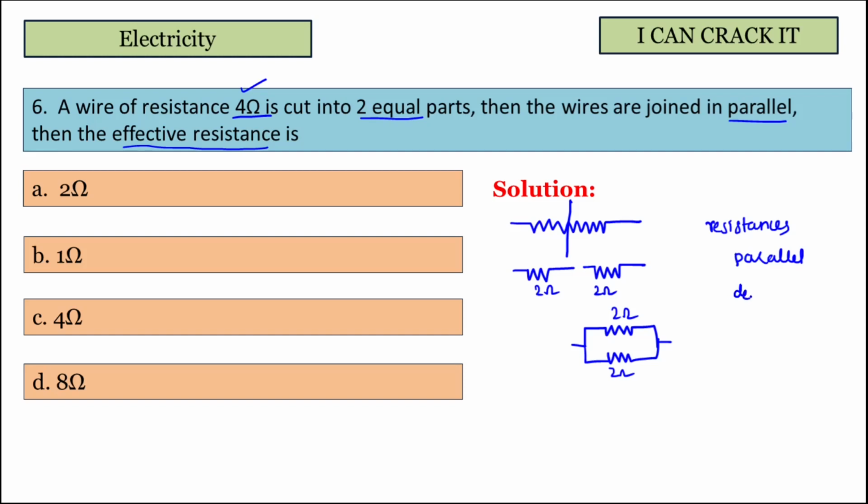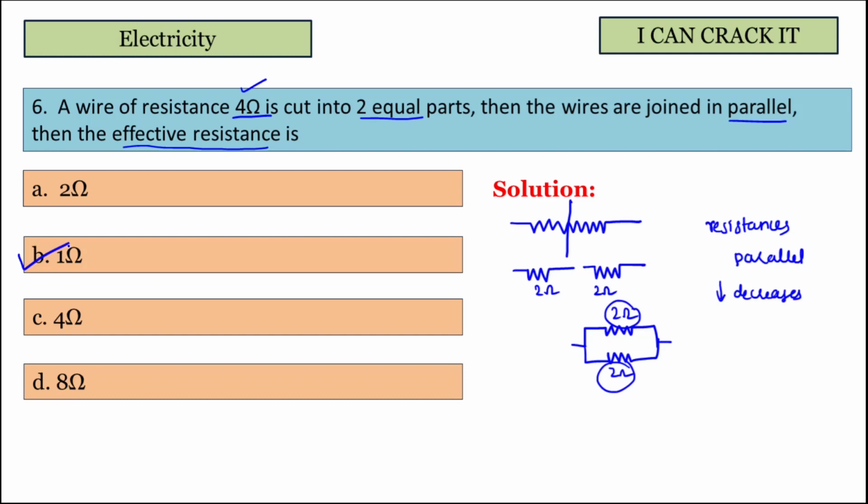The overall resistance decreases, right? So in that case, see here, what is the lowest resistance you have? Both are 2, right? So the option has to be a value which is less than 2 because resistance has to decrease. Obviously, which option? Option B, 1 ohm.